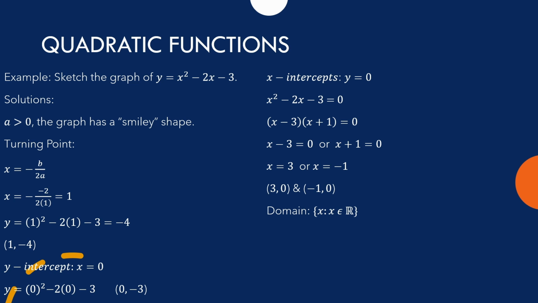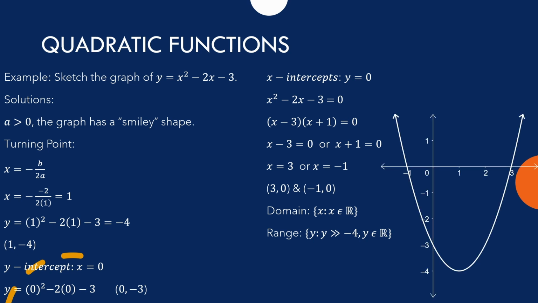And my domain, x is an element of real numbers, and my range is y greater than or equal to −4, y is an element of real numbers, and hence my graph is as follows.